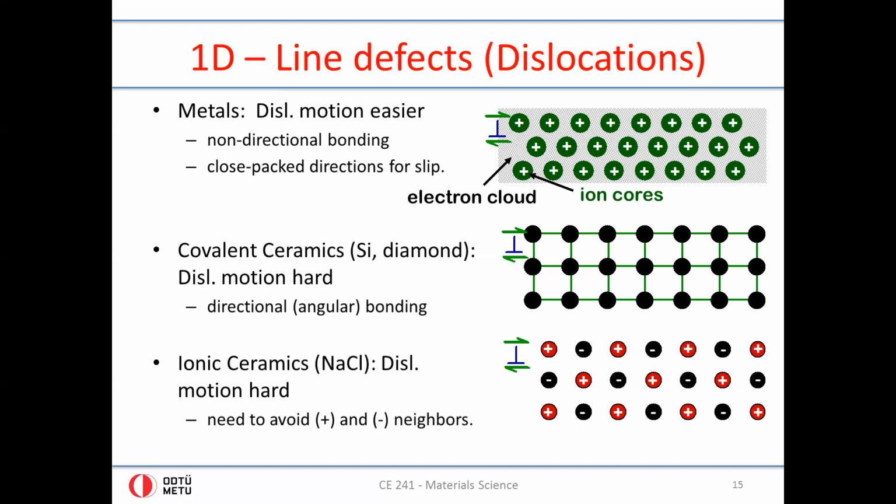Rows of atoms will not want to move with respect to each other because you may imagine that once you move this top row with respect to the middle row, two positive charges and two negative charges will be closer together than they originally were, and they will try to push each other strongly, and this top row will break apart from the middle row.